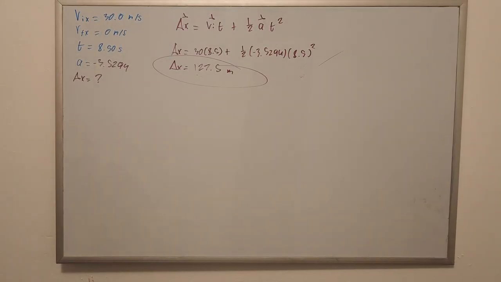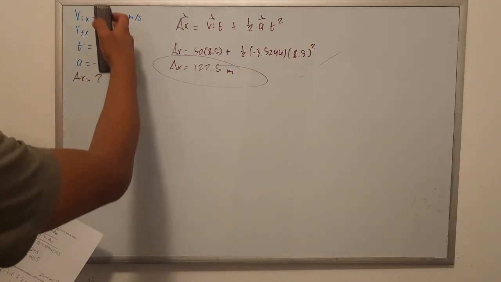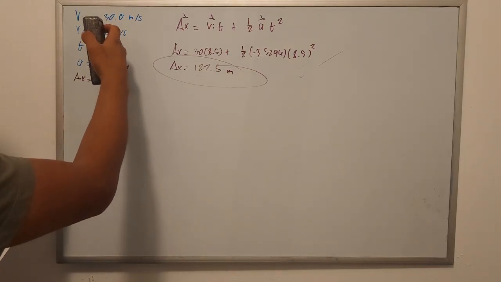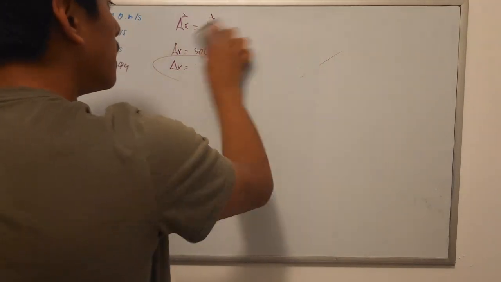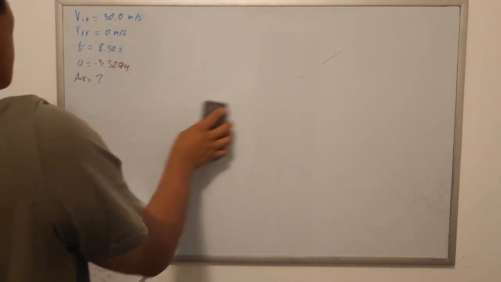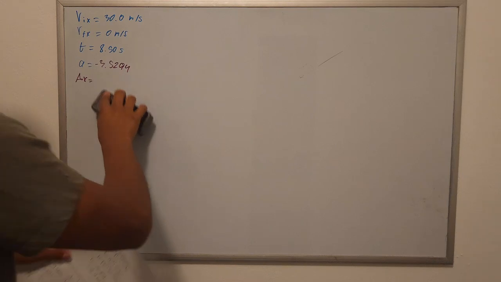And then the next part is asking, what is the speed of the object after traveling a distance of 25 meters from its initial location? So we're going to keep all these variables except the delta x. Now we know what delta x is.